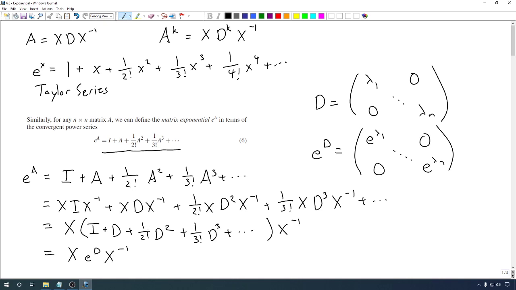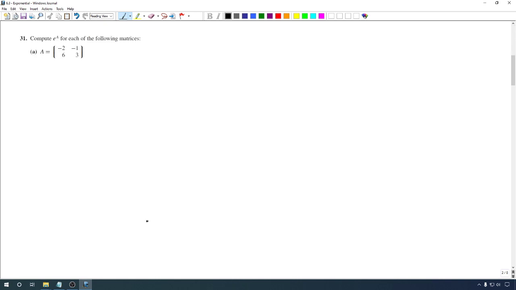We'll look at a couple examples of that, but first I want to do some ones that we do know how to do. So here, this is from problem 31. This is not on your homework. You're going to be looking at some parts of problem 32, which are going to use this, and you'll get into how you're going to use that later on, either in this video or the next one, depending on how long this actually takes.